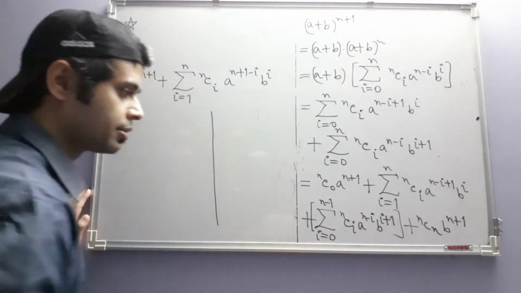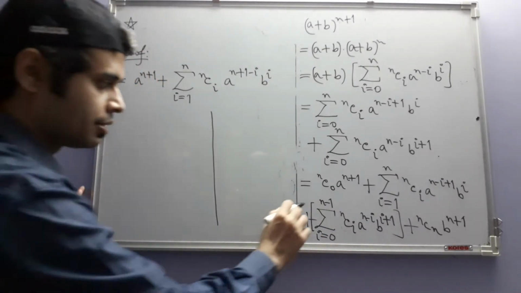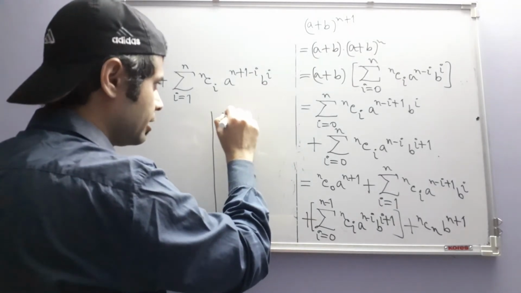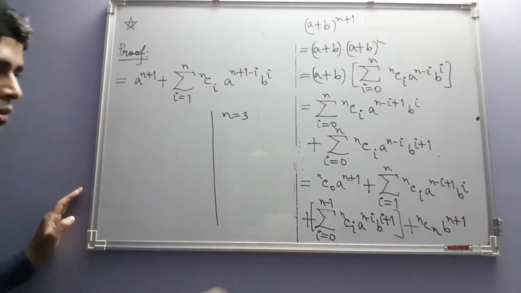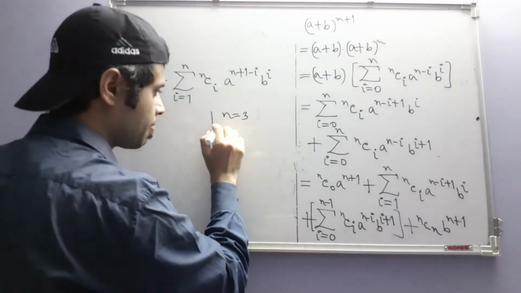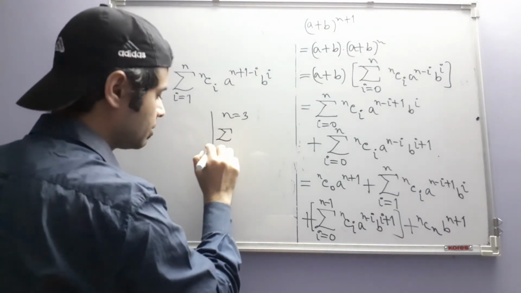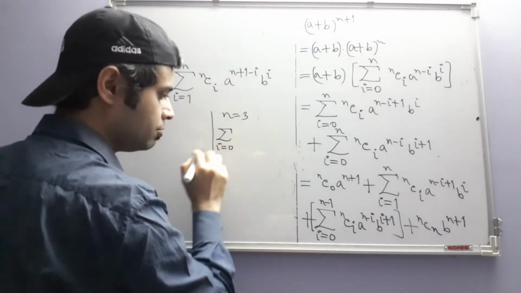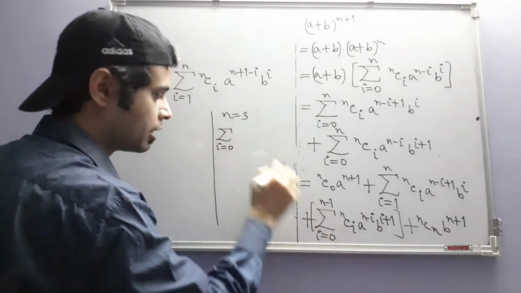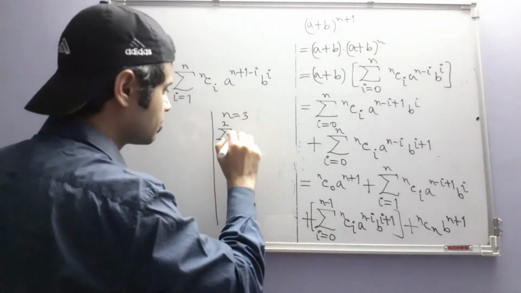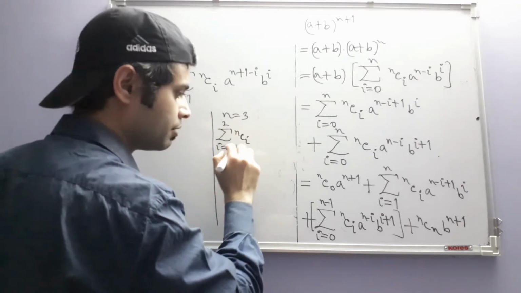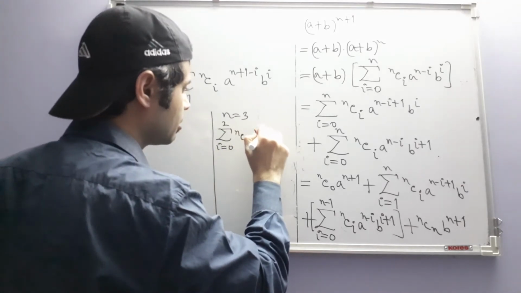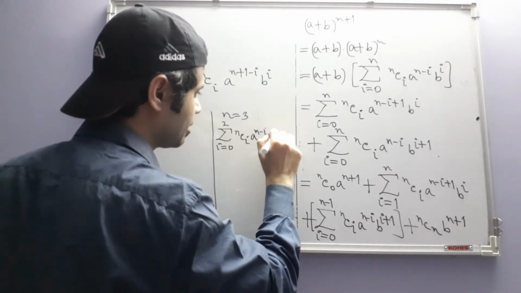Let me take a particular value of n. Let me take say n equal to 3. Then what is this sum? Summation i varying from 0 to 3 minus 1, which is 2, nCi a to the power n minus i b to the power i plus 1.